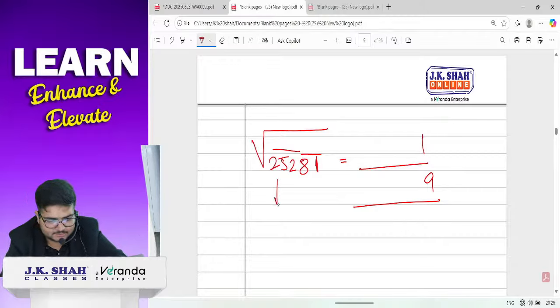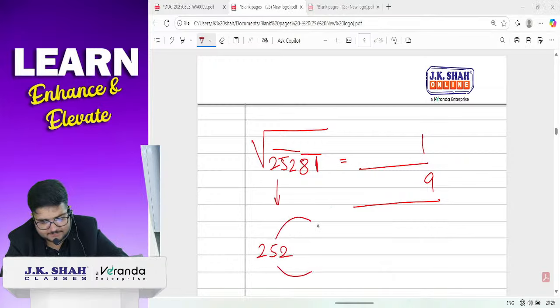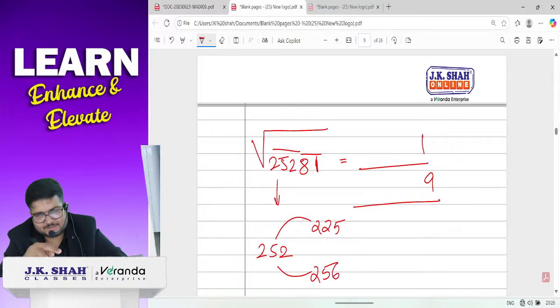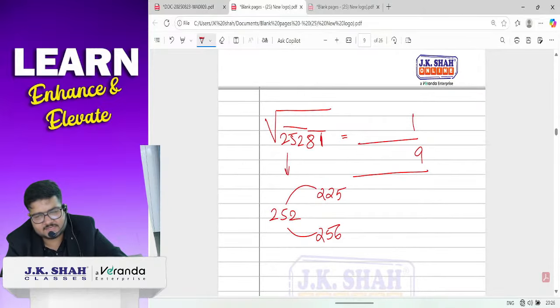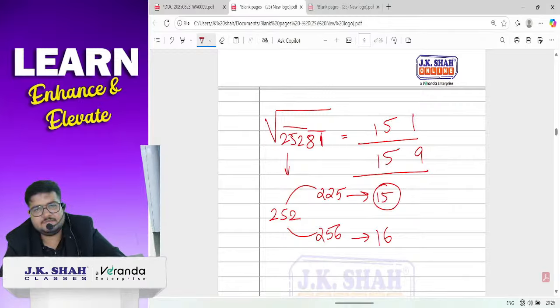Now you have to focus on this 252. 252 comes between which two perfect squares? 225 and 256. That is why I told you to remember the squares. In almost every chapter, we need squares. So this is the square of 15, this is the square of 16, right? We will always take the smaller one. So we will take 15 as our previous digits. So the answer is 151 or 159.